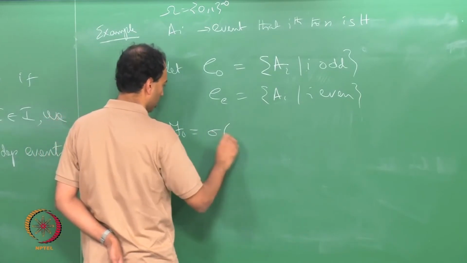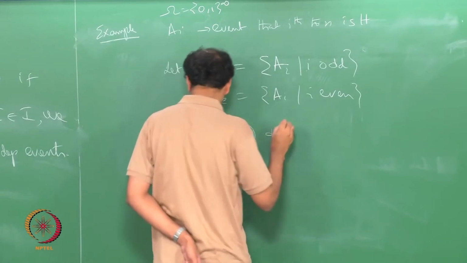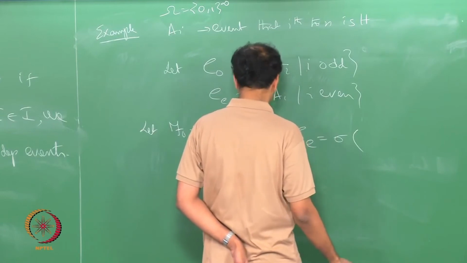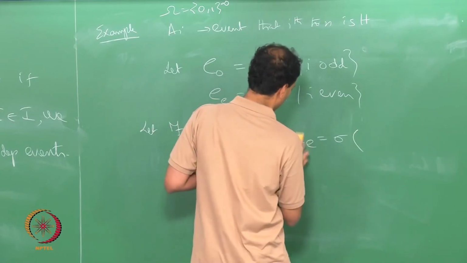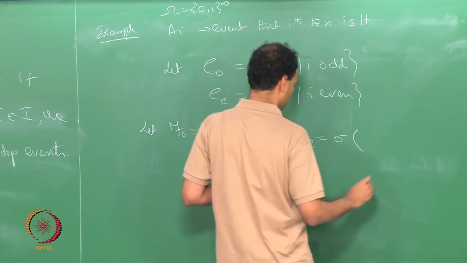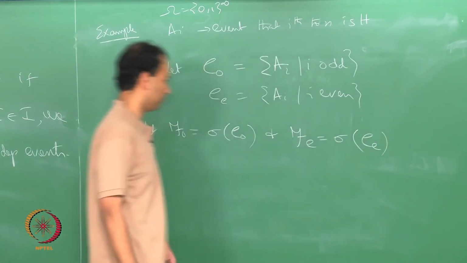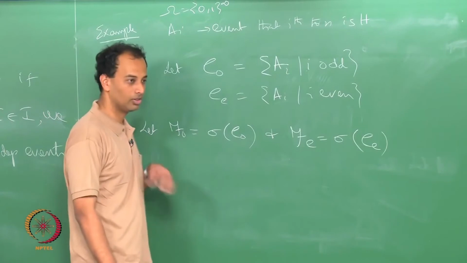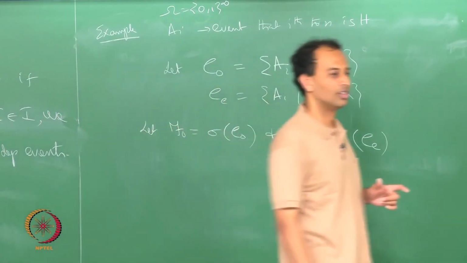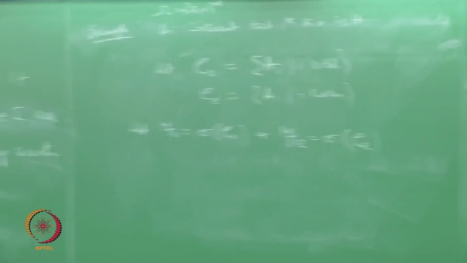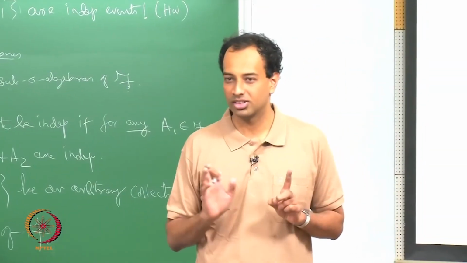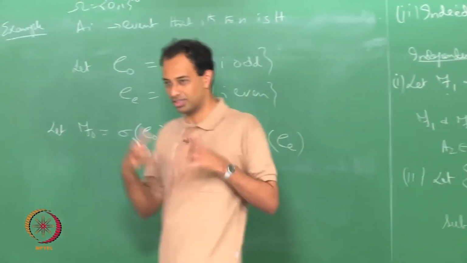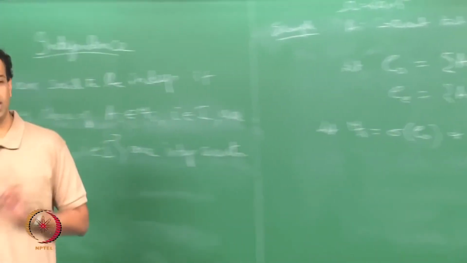The claim is: let F_O equal sigma of C_O, and F_E equal sigma of C_E. So, F_O consists of all those events which only have to do with the outcome of the odd tosses, and F_E is a sigma algebra consisting of events whose outcome can be decided only by the even tosses.